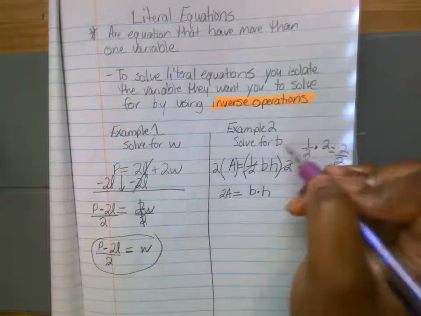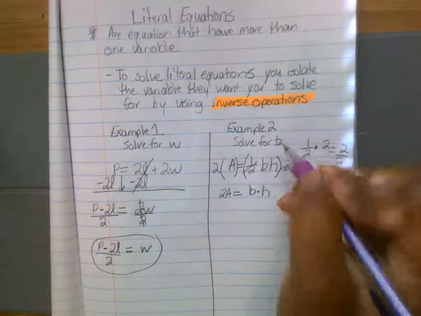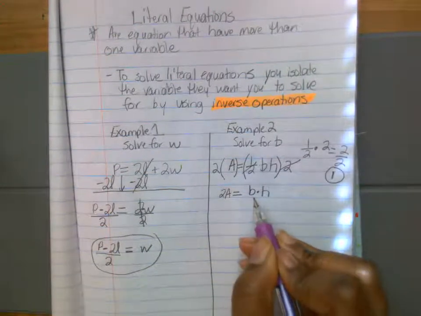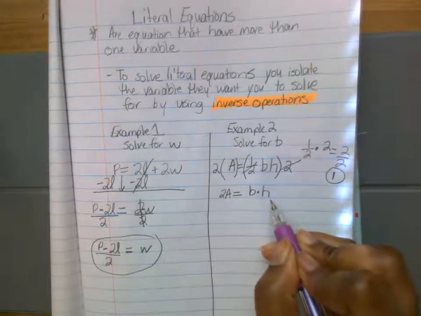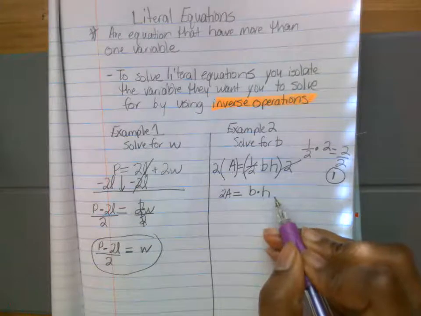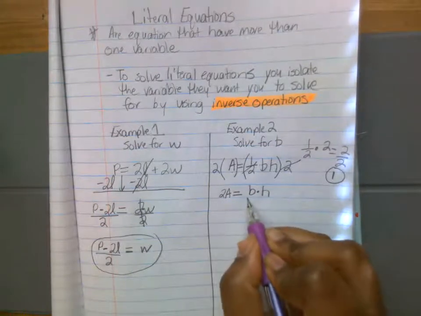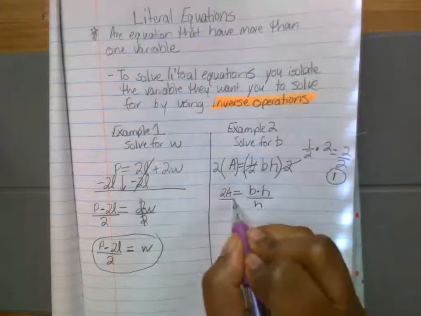The goal, remember, is to solve for B. So you need to get B by itself by now moving the H. The H is attached to B by multiplication. The inverse of multiplication is division. So we're going to divide by H on both sides.